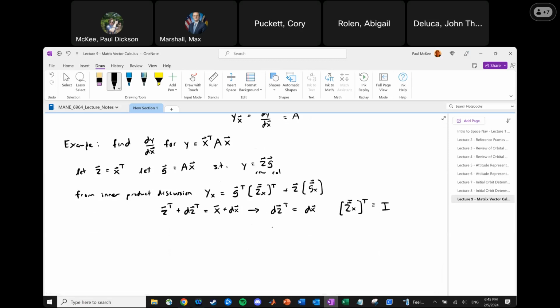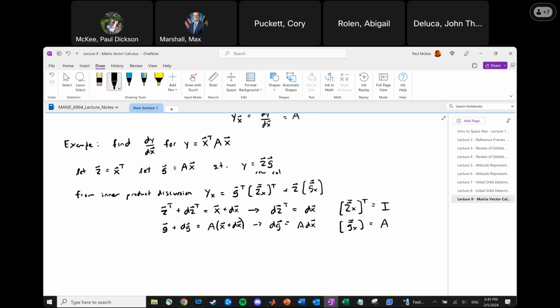Similarly, G plus DG is AX plus differential of X. So that means that DG has to be equal to A dx, or G sub X is just the A matrix.